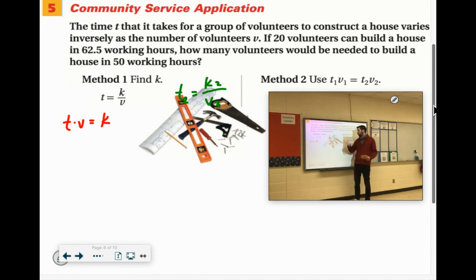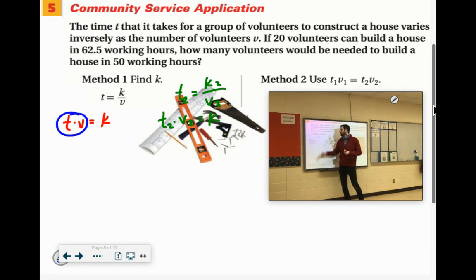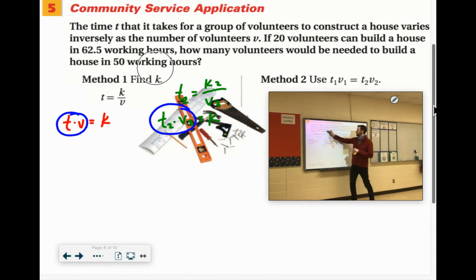To get k by itself, you would multiply by v sub 2, so t sub 2 times v sub 2 equals that constant of variation. Now, they're both equal to the same constant of variation, so in theory, we can set t times v of one set of people equal to t times v of the other set of people. So that's what that formula up there means.